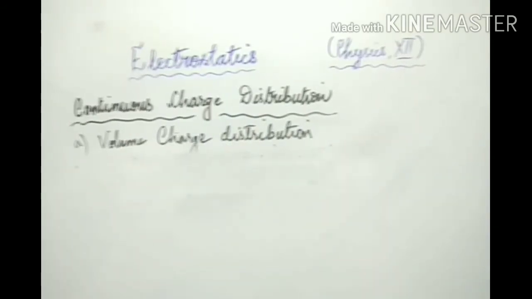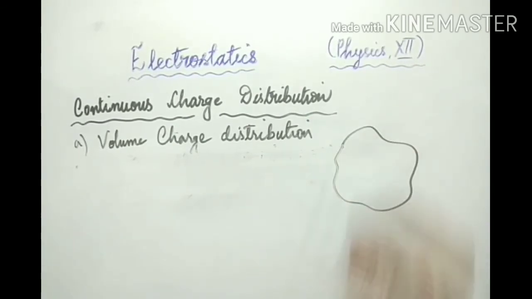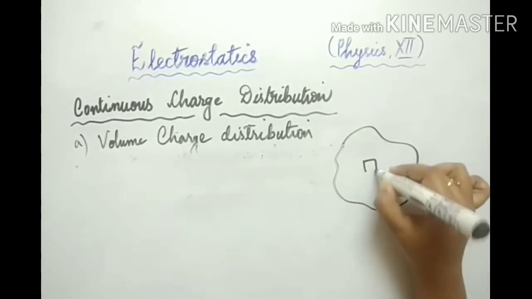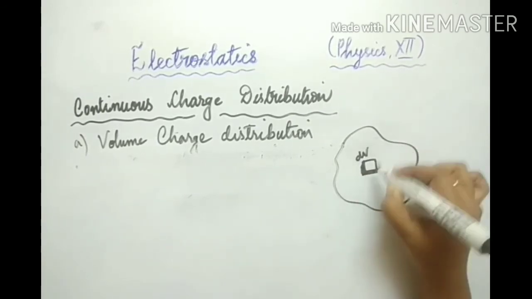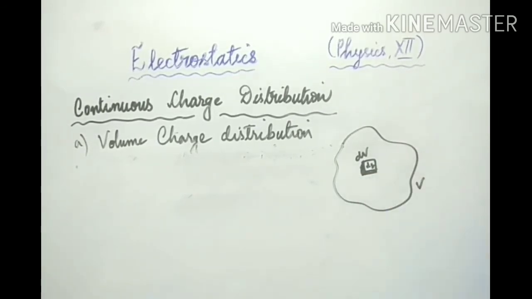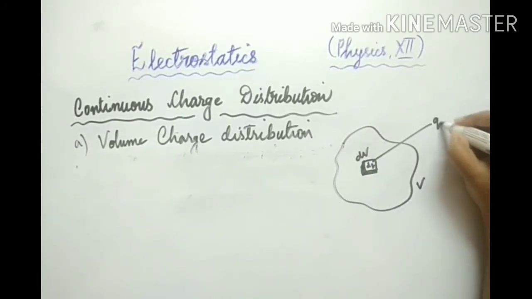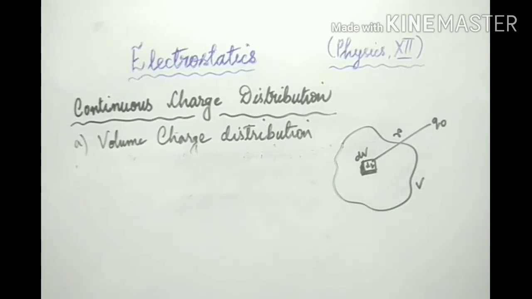In volume charge distribution, we take a volume, represented by V. It is a 3-dimensional object, and let us consider a small element of this volume, named dV, which has dq amount of charge. The distance of this charge from a test charge q naught is r.